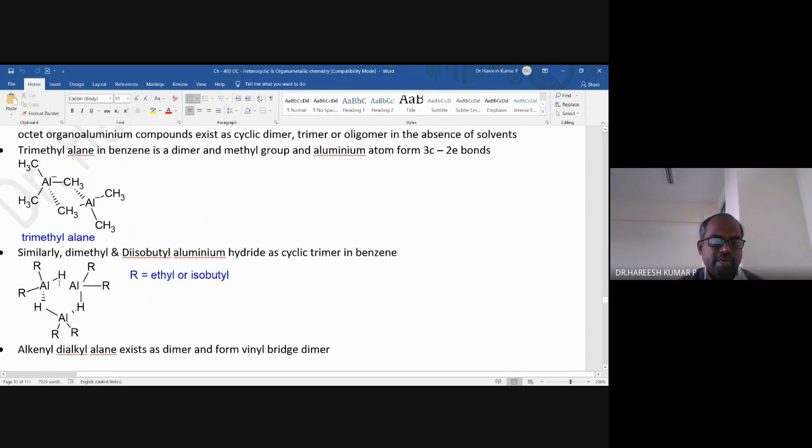This is one moiety, this is another moiety, this is one more moiety, so it's a trimer. If R2 is equal to ethyl, then you can say diethyl aluminum hydride. The trimer is joined in the form of a six-membered ring, and it's a trimer.